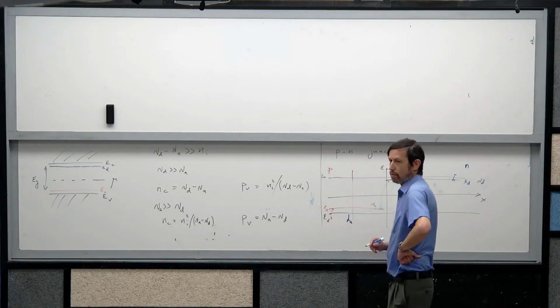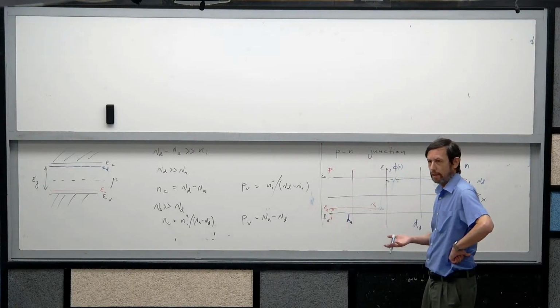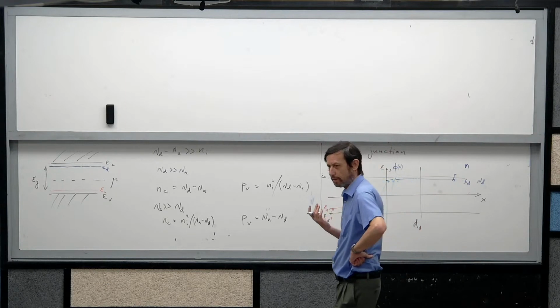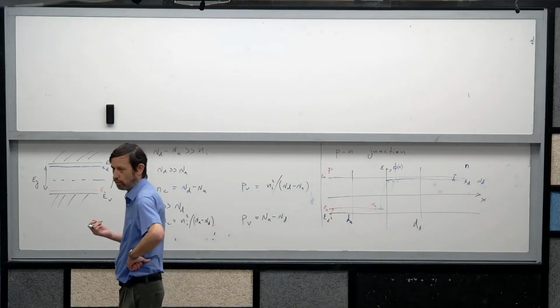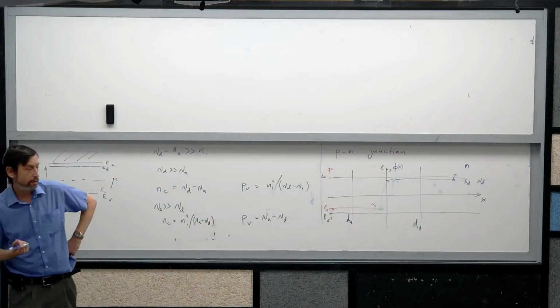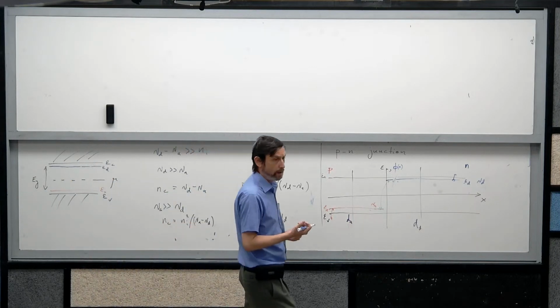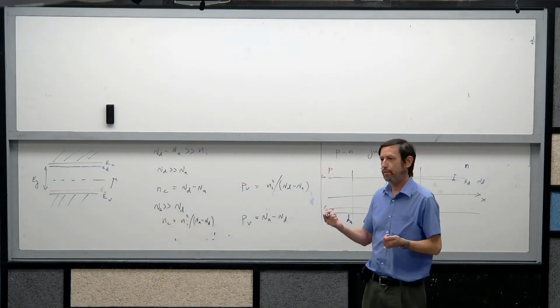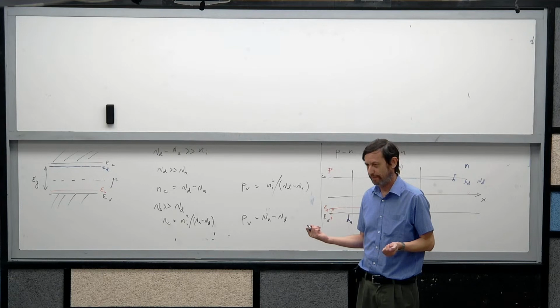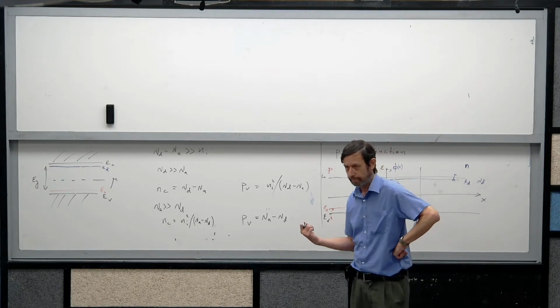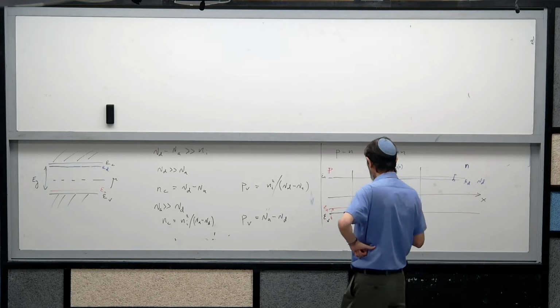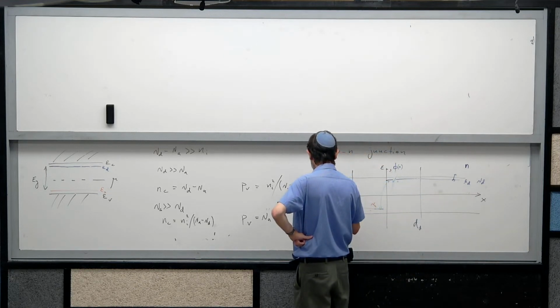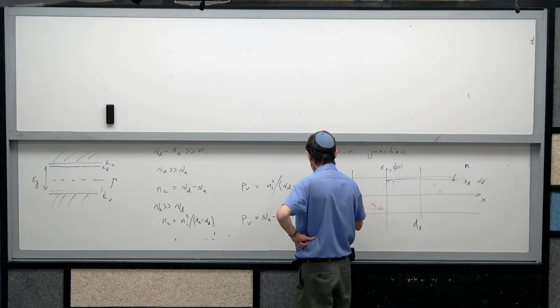So, what is phi of x? If we remember something from our high school lectures, basically it's the amount of work that I have to do to move a positive charge. So, I have some value here, phi minus infinity.